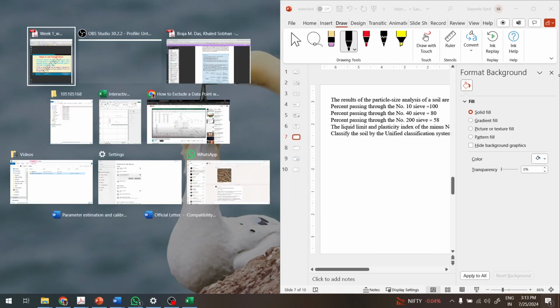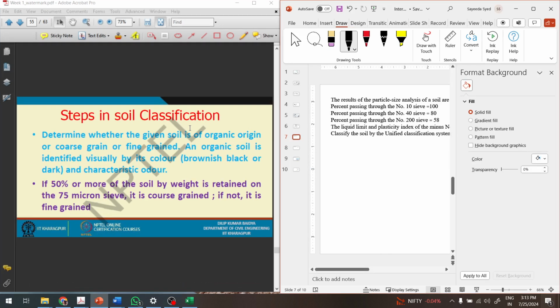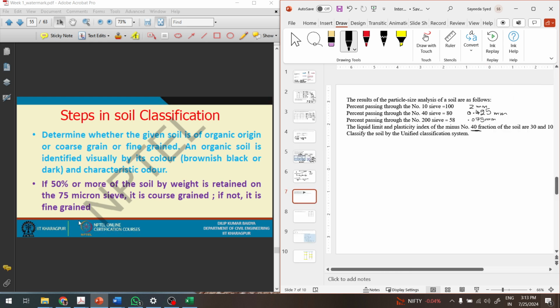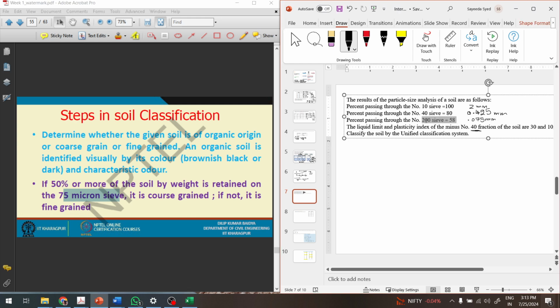Organic soil is identified visually. So there is nothing written about organic soil. So let's move on. If 50% or more of the soil by weight is retained on 75 micron sieve, it is coarse grained soil.